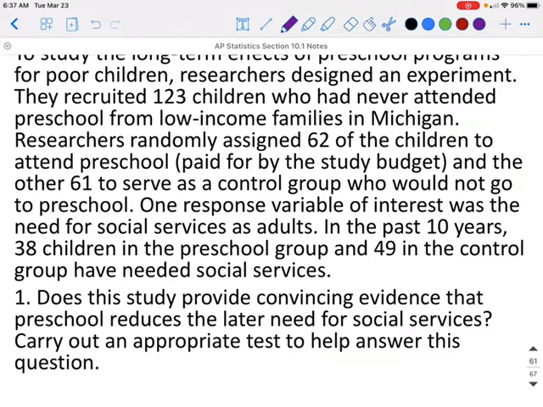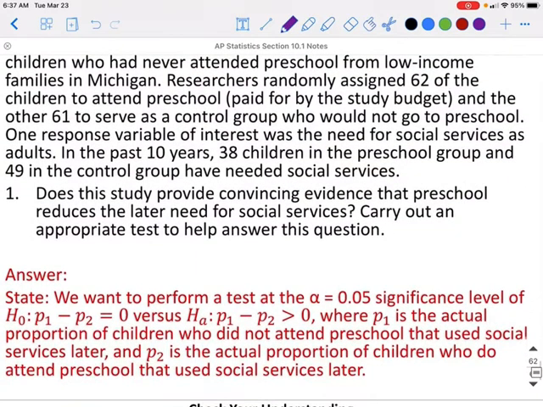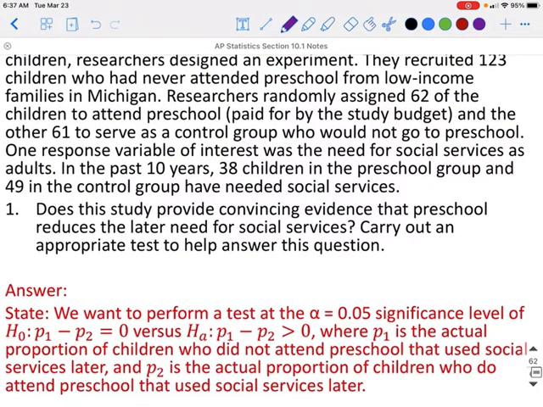Once again, this is going to be a 4-step problem. Remember, in the state step, you need to tell me the null and alternative hypotheses, you need to define the parameters, and you need to give an alpha level. So we want to perform a test at the alpha equals 0.05 significance level.